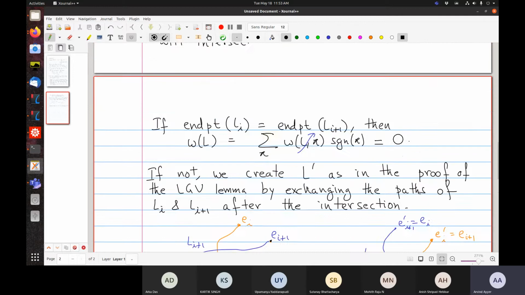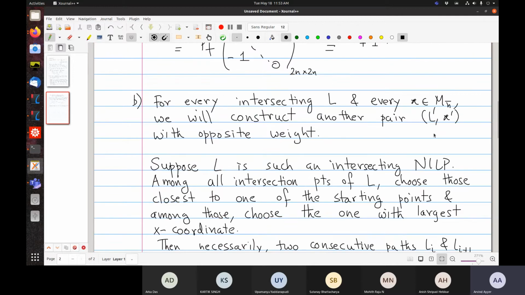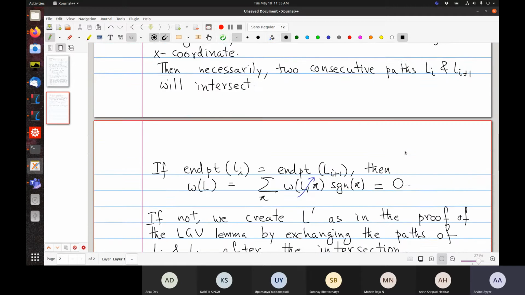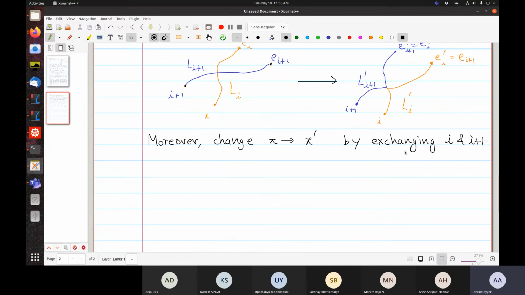Right, so this is the new matching. So remember, this is our new lattice path L prime and our new matching pi prime. Okay, so we claim now that W of L pi times sign of pi is minus W of L prime pi prime times sign of pi prime.